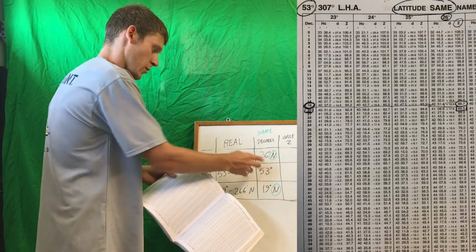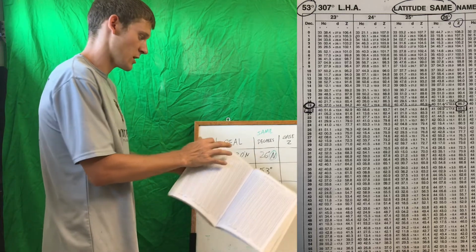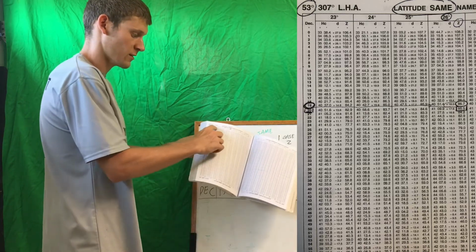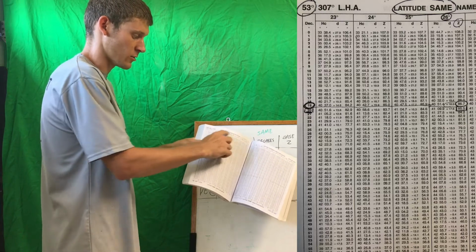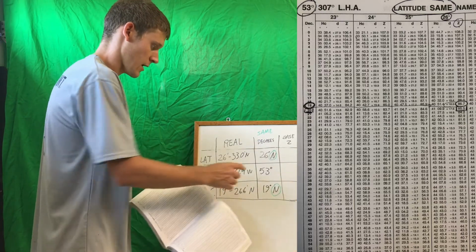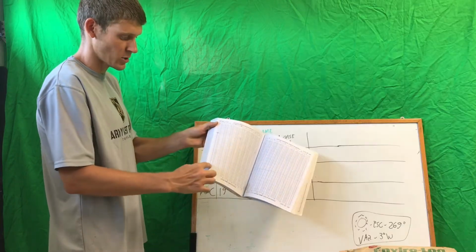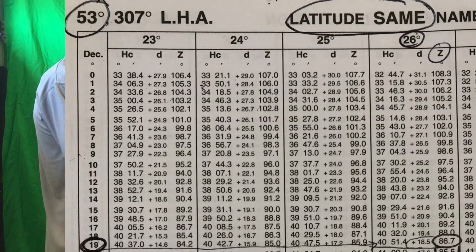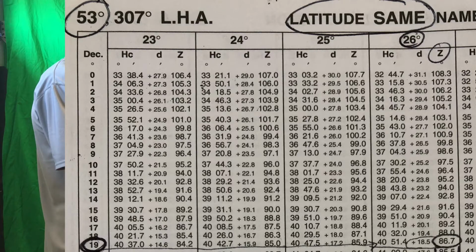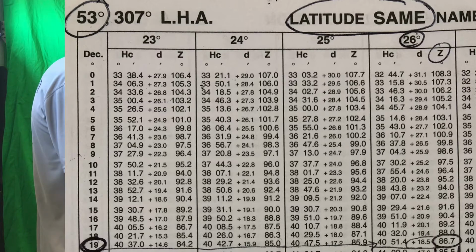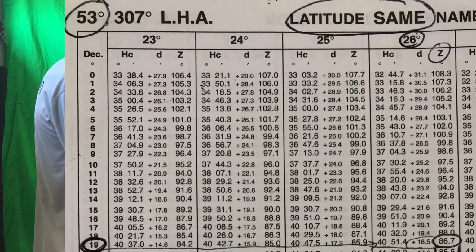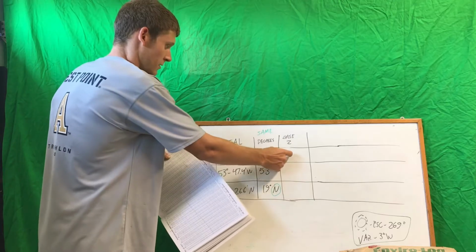So we go to page 53 LHA with 26 degrees latitude, and we scroll down the page on the declination until we find 19. You take 19 and then you scroll over until you get to the 26 latitude, until those two numbers meet. And the number that is under Z, that is going to be your base Z.